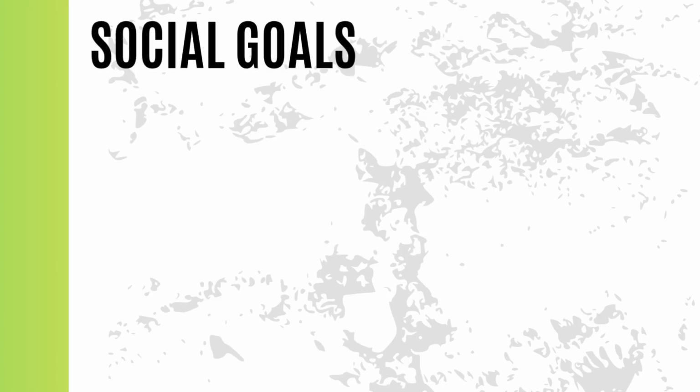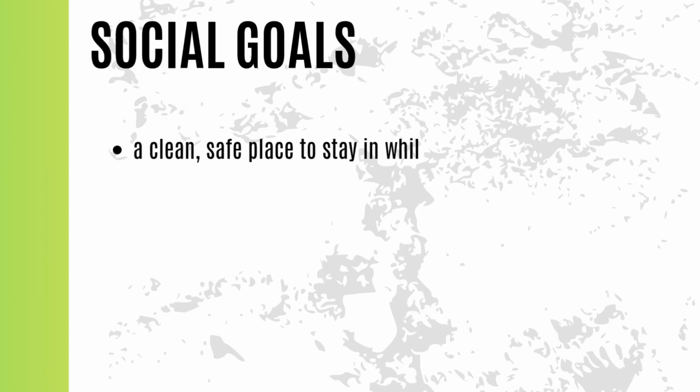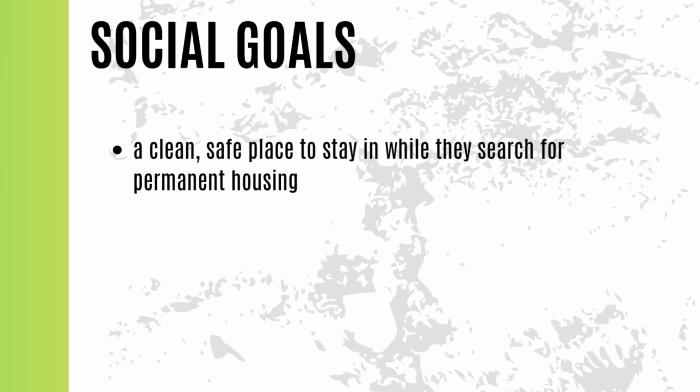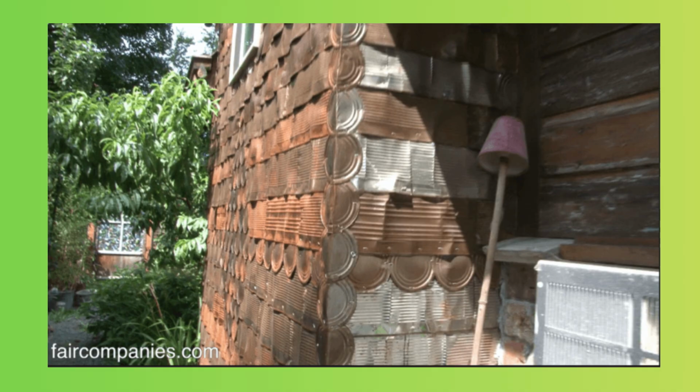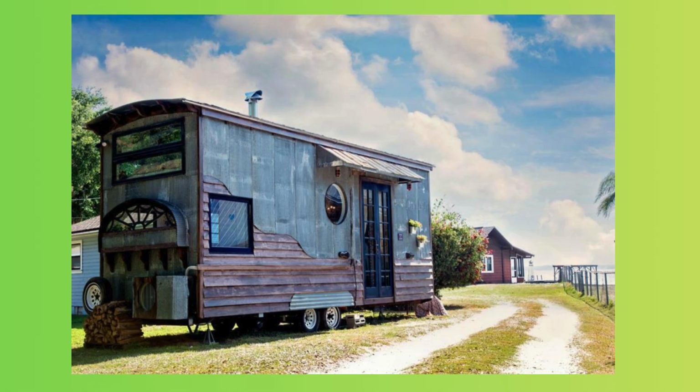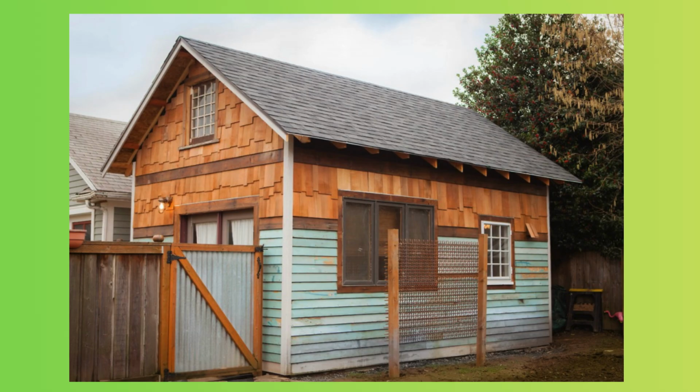The social goal of tiny home villages for the unhoused population is to give them a clean, safe place to stay in while they search for permanent housing. Tiny home villages typically have social work and housing resources to set goals for each individual and support them as they grow. To reach both social and environmental goals, people must have access to tiny homes and villages.